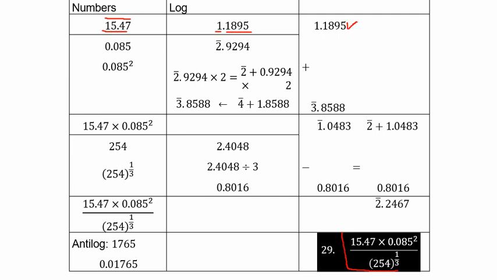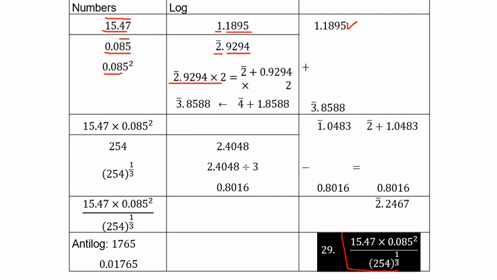The second number in the numerator is 0.085 square. So let's take 0.085. The characteristic is -2. That is bar 2. You have 2 zeros before 8. For the multiplier, you check 85 under 0, no difference, and that is 8294. So if we attach the square, it means we multiply this result by 2.